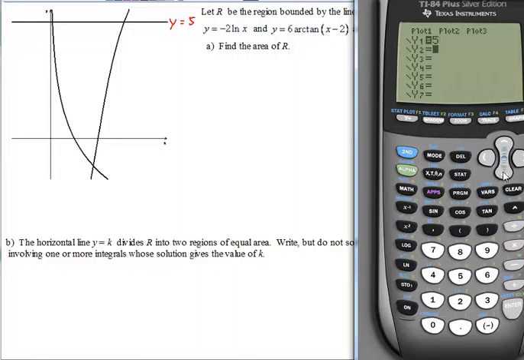Got 5. Oops. It's negative 2 natural log of x and 6 arctangent of x minus 2.